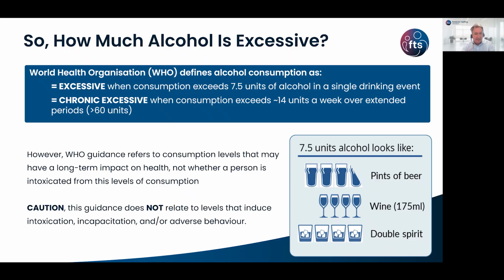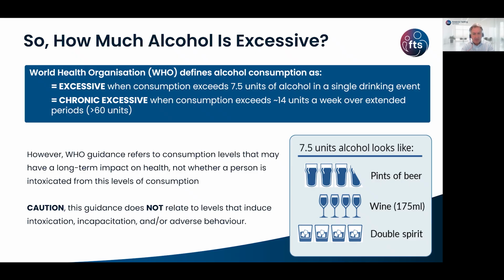For instance, if you look at how the World Health Organization defines consumption, they see excessive as when consumption exceeds 7.5 units of alcohol in a single drinking event. You can see from that little graphic, the bottom right, what 7.5 units looks like.